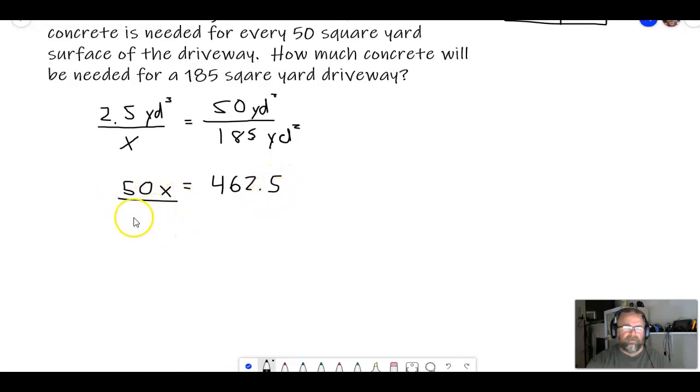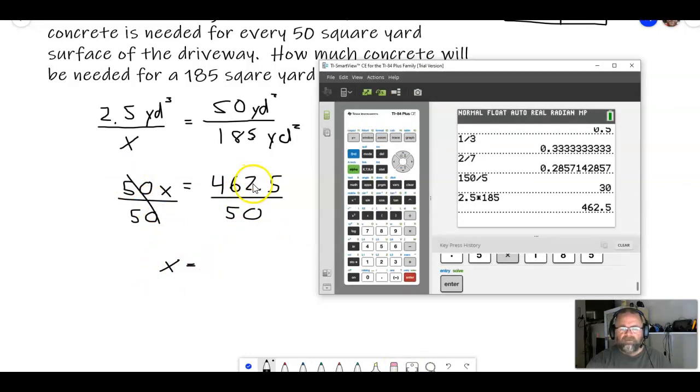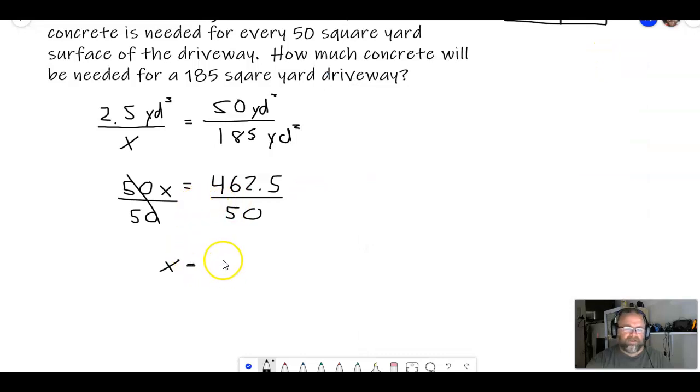And now remember, we're going to divide both sides by the number that is multiplying our x. So we're going to divide both sides by 50. And that's going to give us x is equal to 462.5 divided by 50, and that's 9.25.